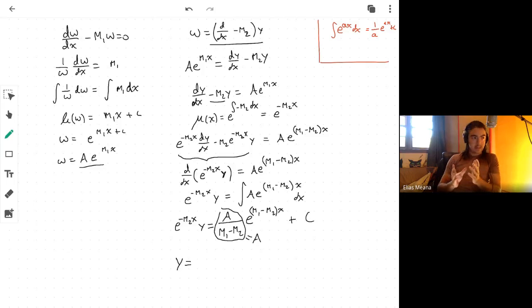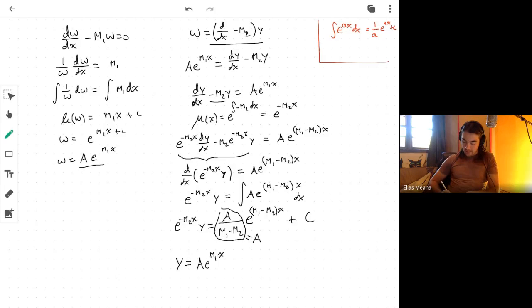Hopefully that's not too confusing. What we're going to get is y equals a e to the m1 minus m2x times e to the m2x, which is just e to the m1x, because the m2's cancel each other. So we just get a e to the m1x.